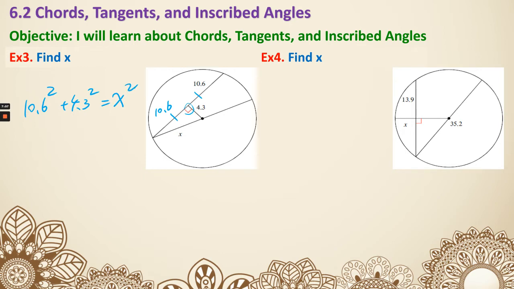So now if we want to solve it, we are just going to square root both sides, basically. But you got to square root everything on this side. So I'm going to type in my calculator and see what I'm going to get. After typing it in, x should be 11.44 for the radius.